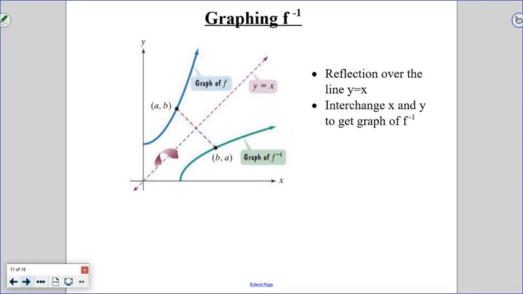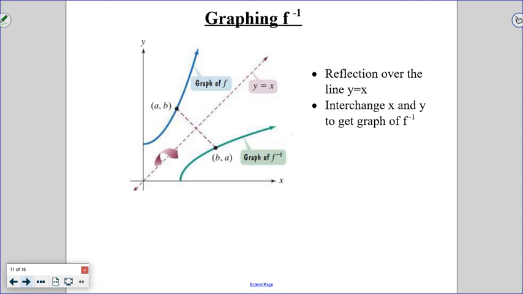But I think it is a lot easier to interchange your x and y of your point to get the inverse graph than it is to try to reflect over the line y equals x. That's not as easy as it looks visually to do by yourself in a graph, because you kind of have to count diagonally. It's not as easy to do as it is to just flip your x and y in your ordered pair and regraph those points. Okay?